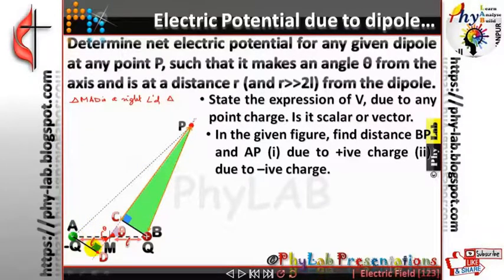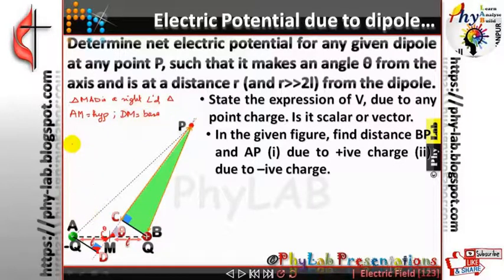So this is 90 degree angle, friends. So AM happens to be the hypotenuse of this triangle, and this angle theta rests on the side DM. So DM happens to be my base.